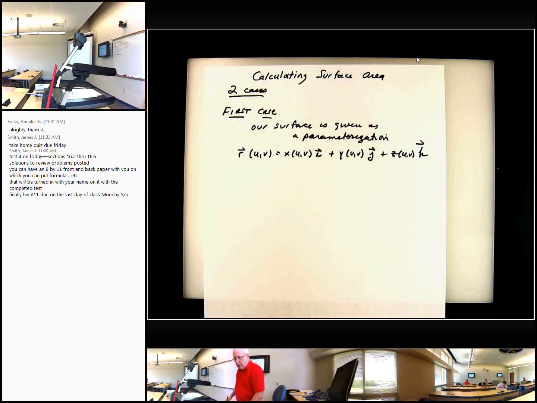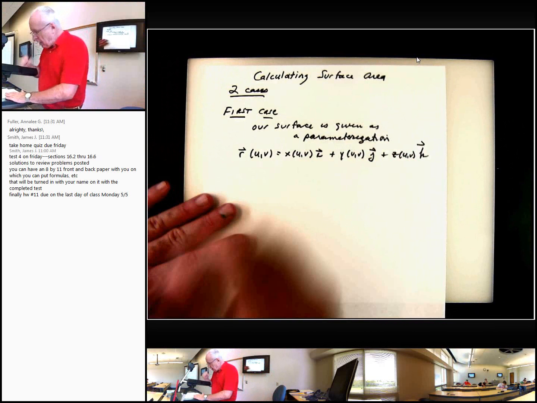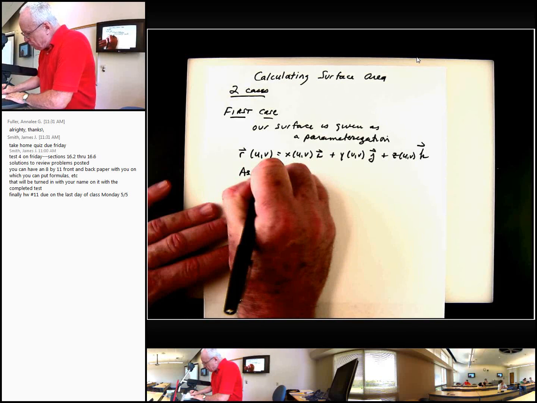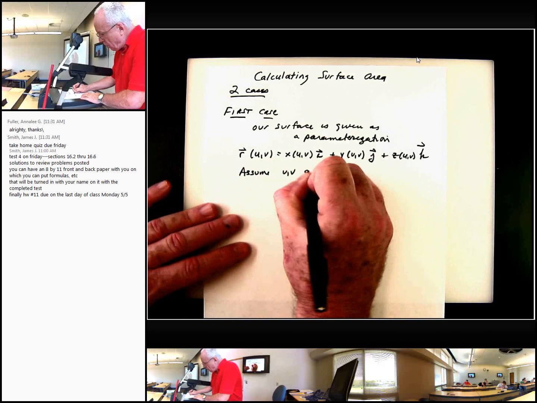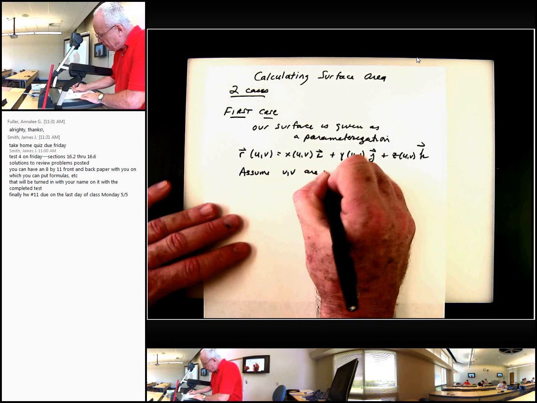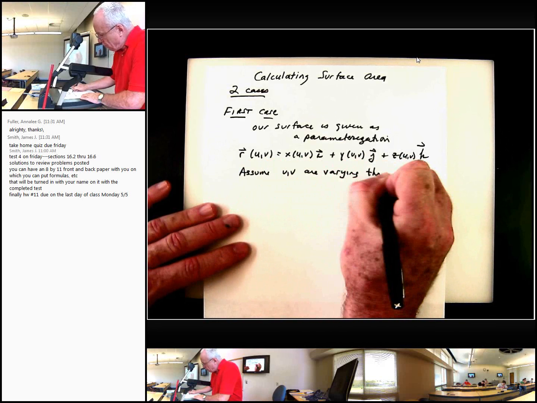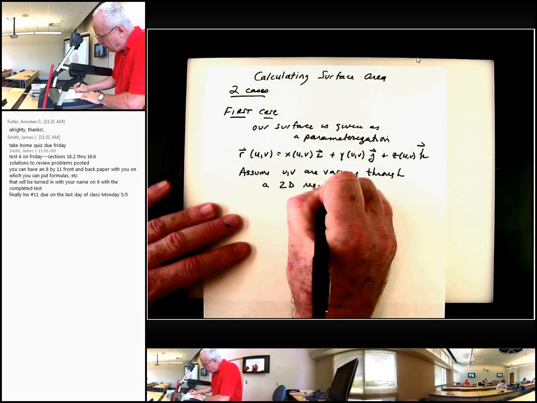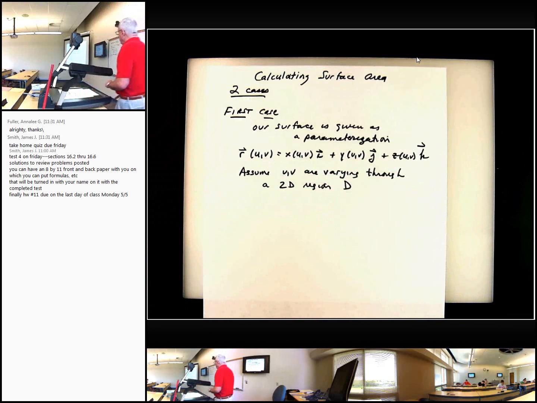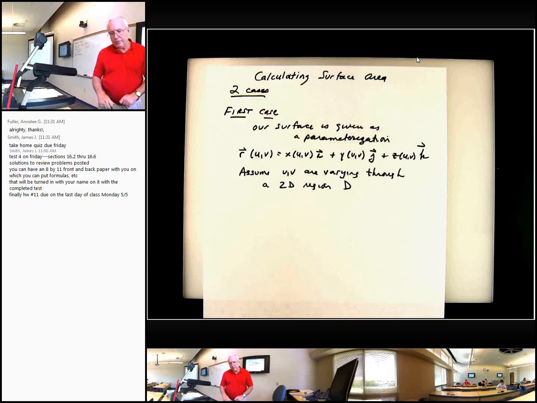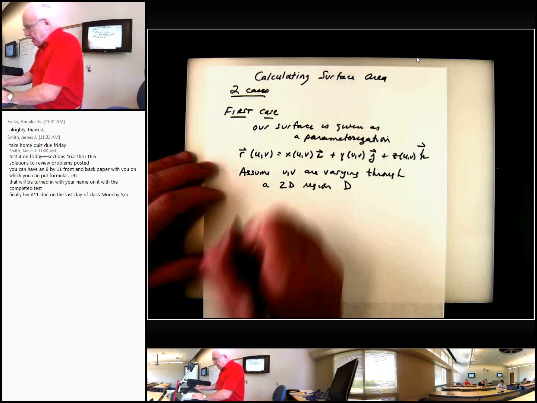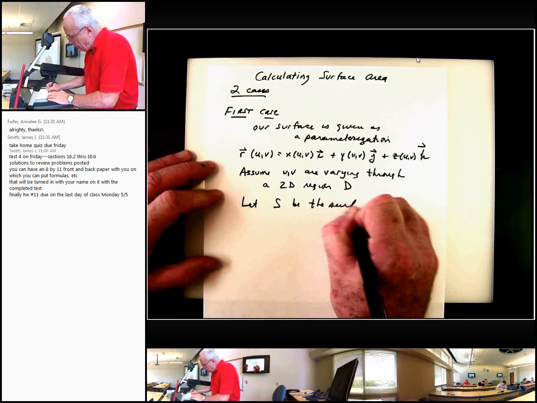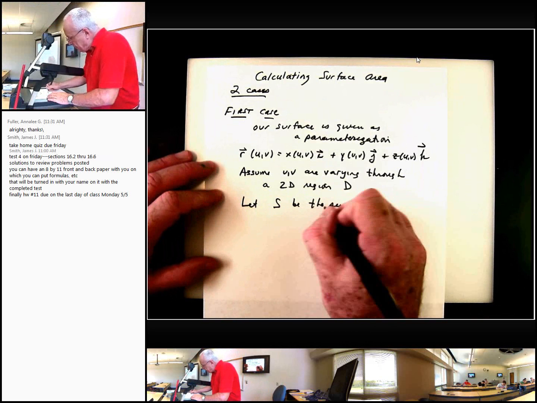Now, we're going to assume that u and v are varying through a 2D region that we call D. So they're going through various values through this region D. And let F be the surface generated by the above.